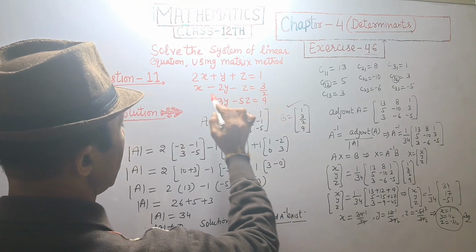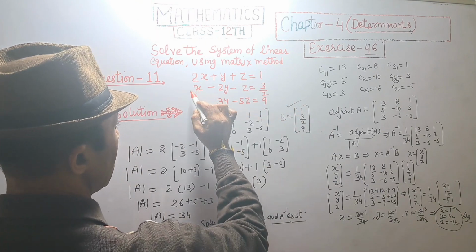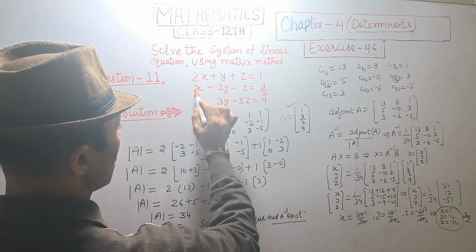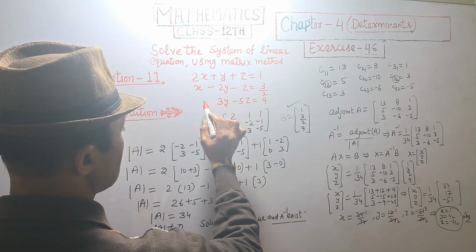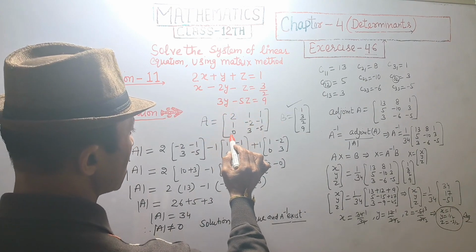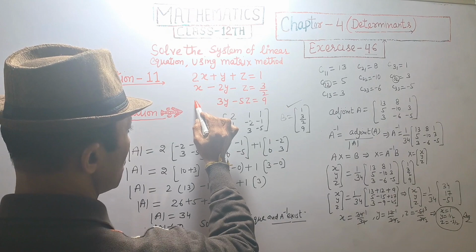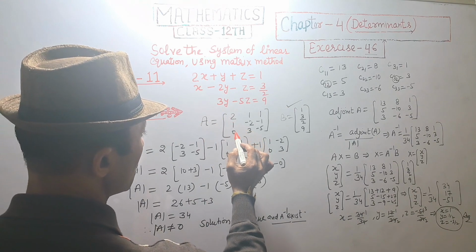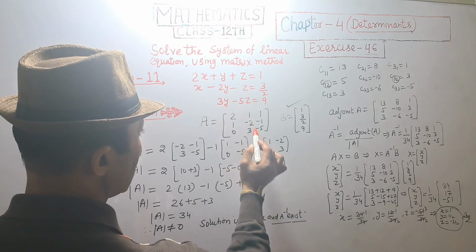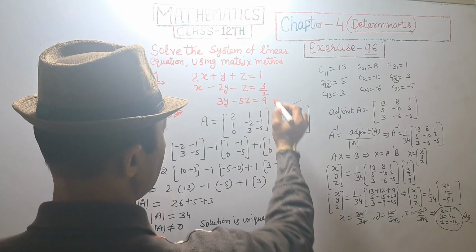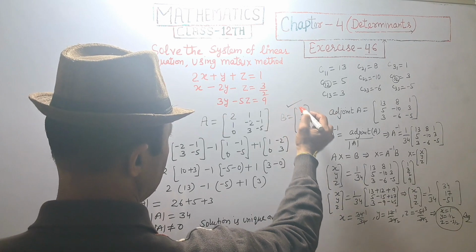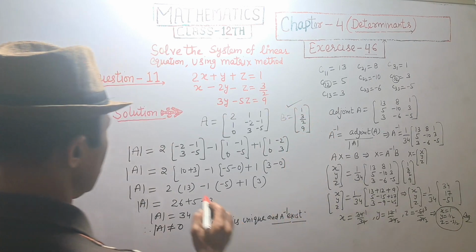In the second equation, the second row will be 1, minus 2, minus 1. In the third equation, the third row will be 0, 3, minus 5. And B is equal to 1, 3 upon 2 and 9.